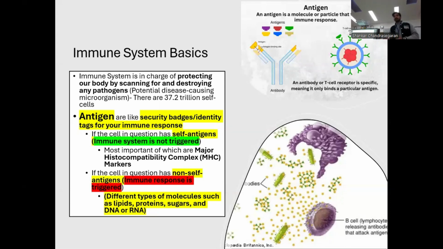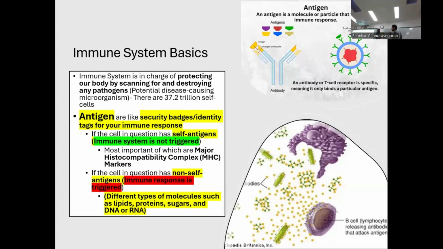So at this stage, your immune system is not very complex. It's basically just checking every cell, seeing what antigen it has. If it has major histocompatibility complex, it will usually let it go. But if it doesn't have those antigens and it has any antigens other than its own body's self antigens, it will trigger an immune response.